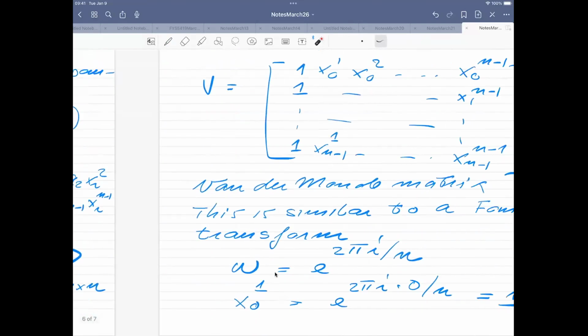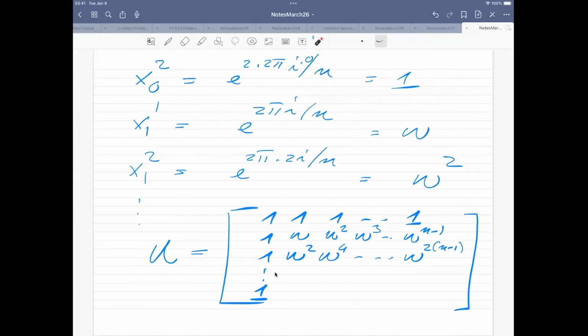So for every such term, we can now write the specific matrix elements in the unitary transformation. And this goes all the way down to omega to the power of n minus 1, and finally omega to the power of n minus 1 squared.